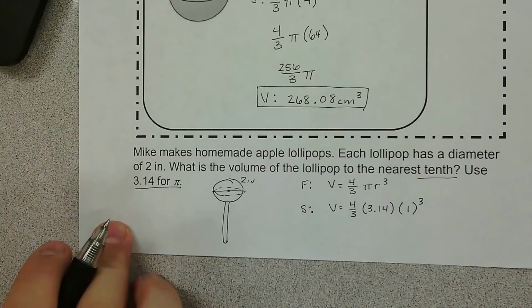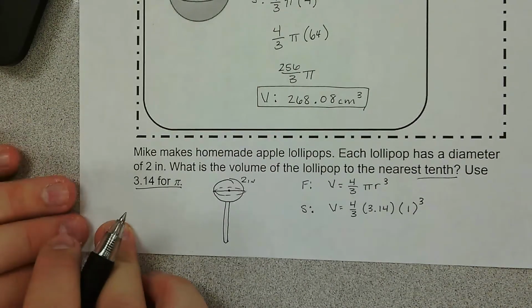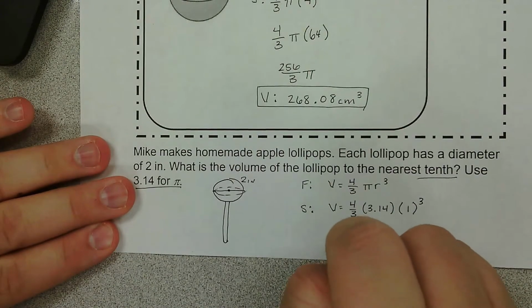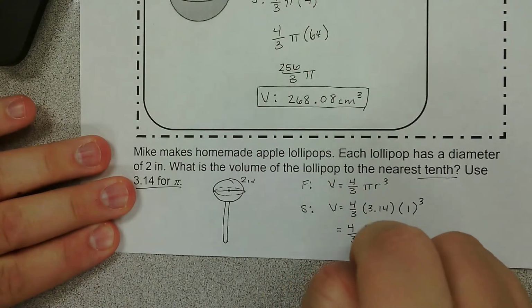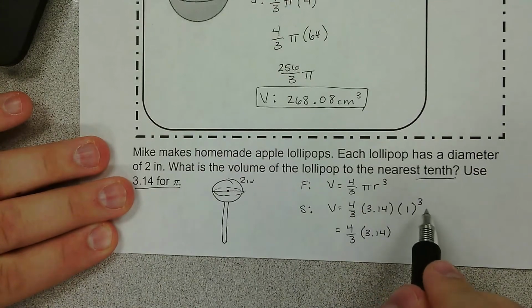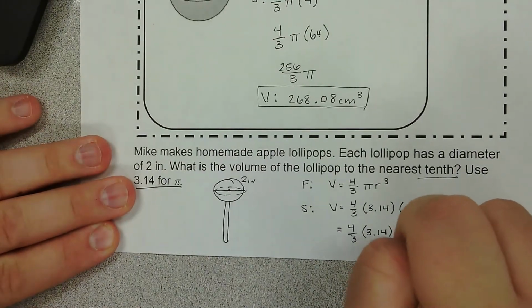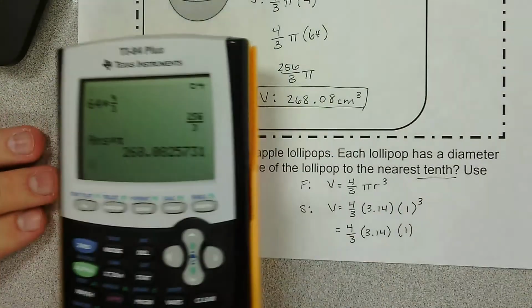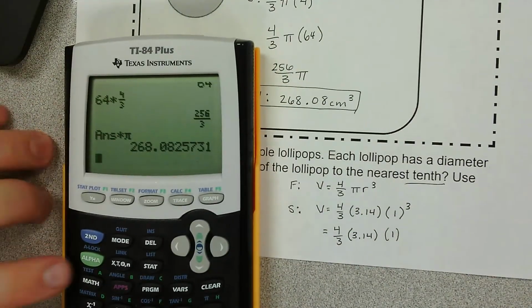So once we've done that, now we can just go through and we can simplify. Go 4/3, 3.14. Well, 1 times 1 times 1 is 1. So essentially, we're going 4/3 times 3.14. I'm going to go ahead and type it all in anyways.